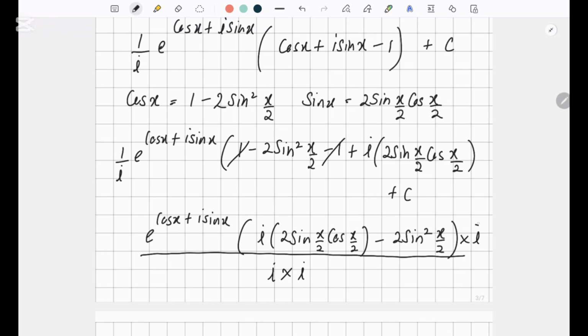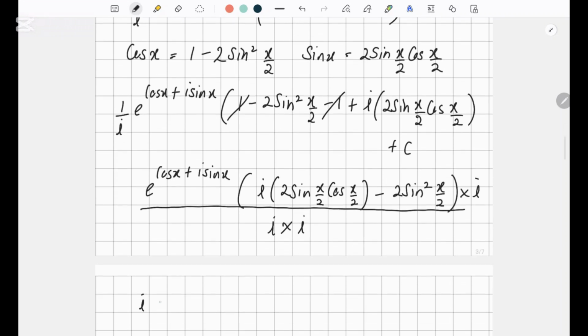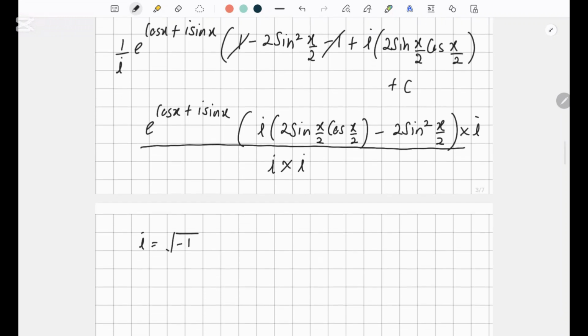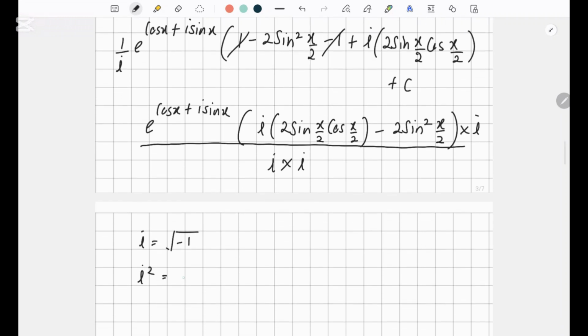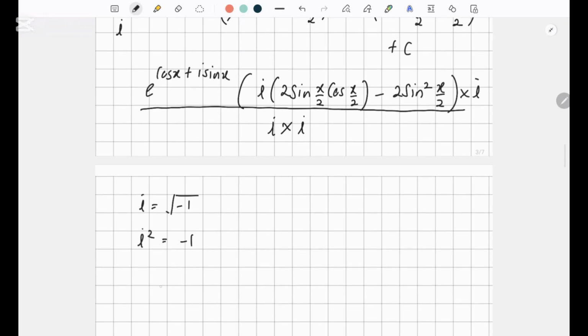Now since this is multiplication, we could just multiply i with these two terms inside the brackets. And now since i equals root minus 1, i squared equals minus 1, right? So now e to the power (cos x + i sin x) into, let's expand the brackets.